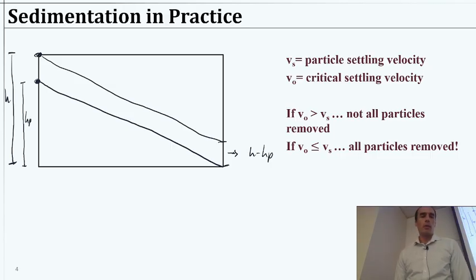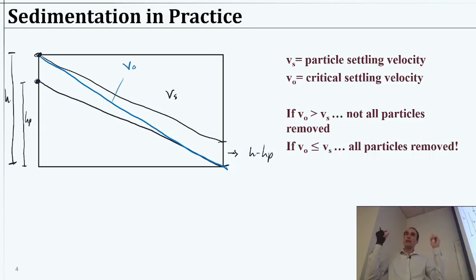So let me remind us. We have a given Vs, the sedimentation velocity of a particular particle. Then we have the design velocity, which would be V naught.